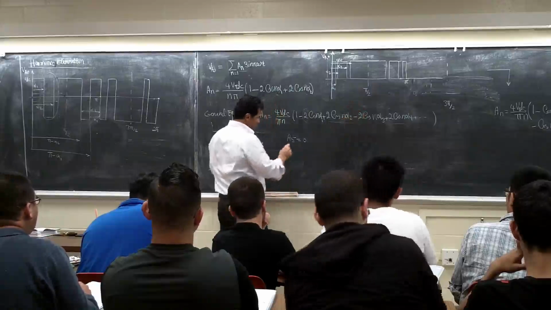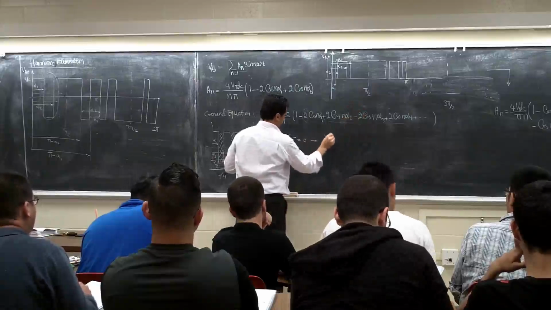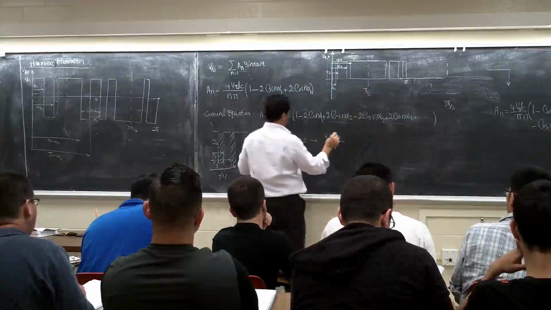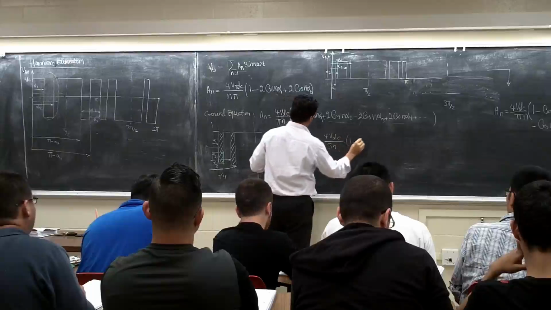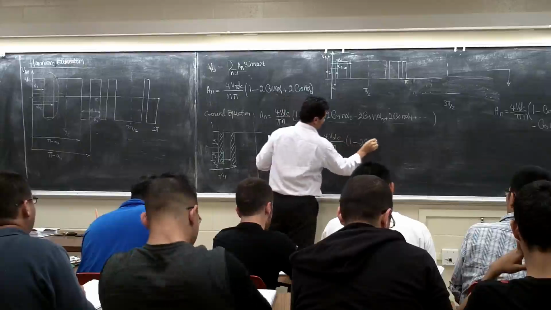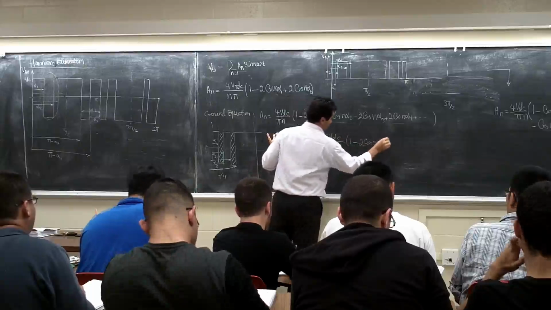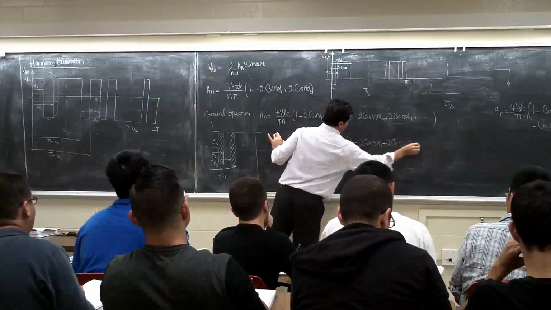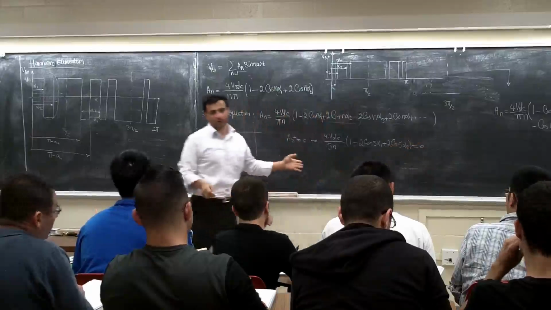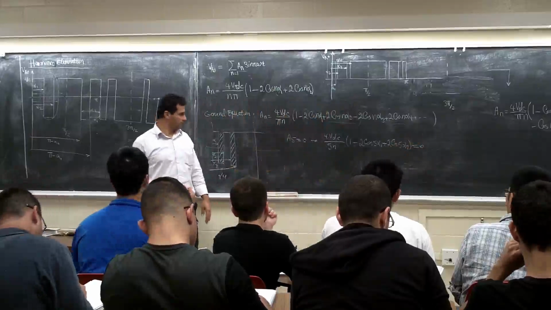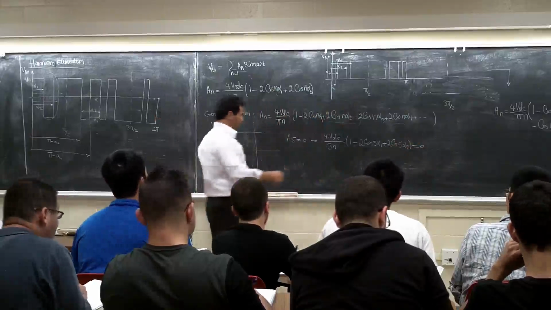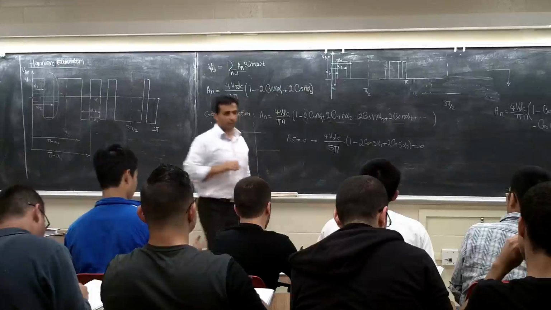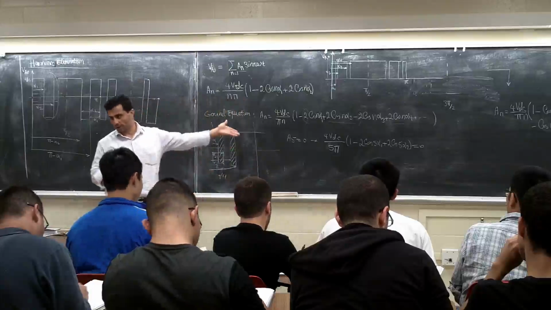We said 4 VDC over 5 pi times 1 minus 2 cosine of 5 alpha 1 plus 2 cosine of 5 alpha 2 should be 0, right? Because I wanted to get the harmonic number 5. N is 5.